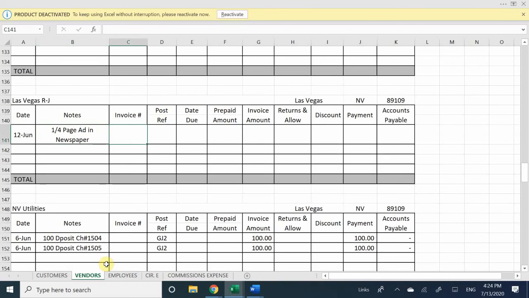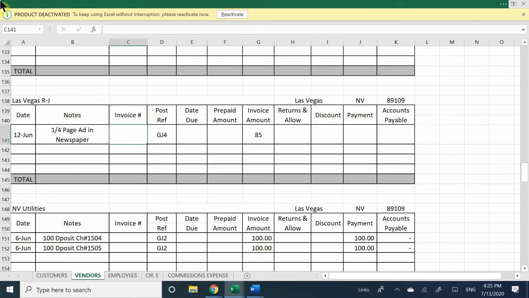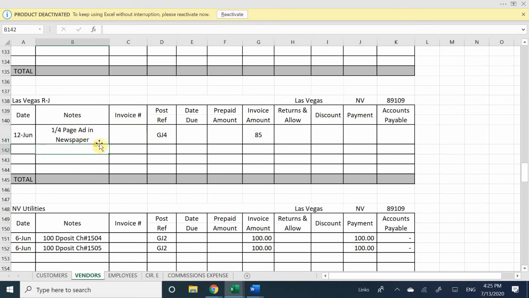Is there an invoice number? No. Is there a post reference? Yes, general journal number 4. Due date, there isn't. Prepaid, none. Invoice amount was for $85. Make sure that you also indicate in here that you paid using your Visa.